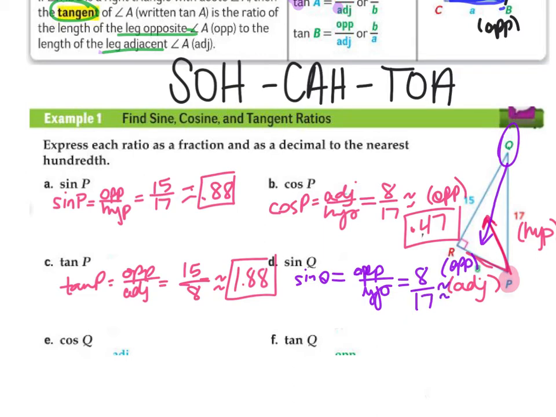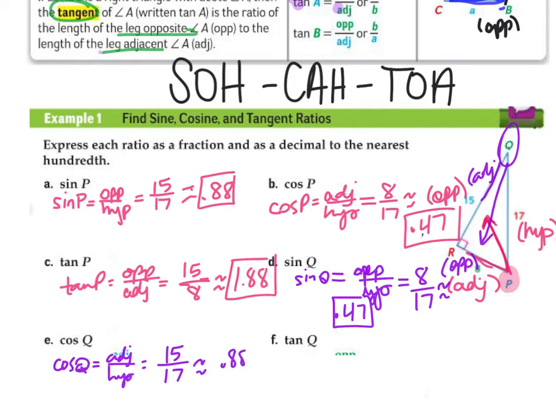The decimal for the sine of Q would be 0.47. Now we want the cosine of Q. Cosine is adjacent over hypotenuse, or 15 over 17, which again is about 0.88.